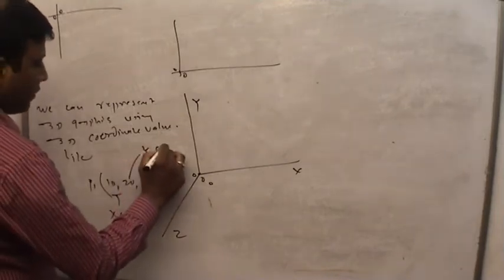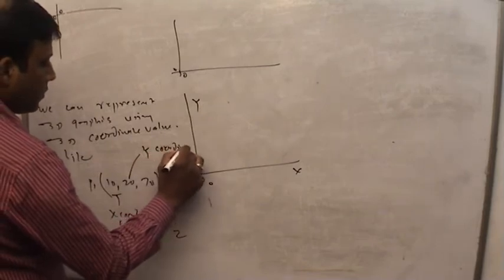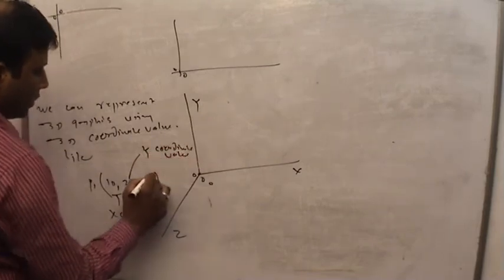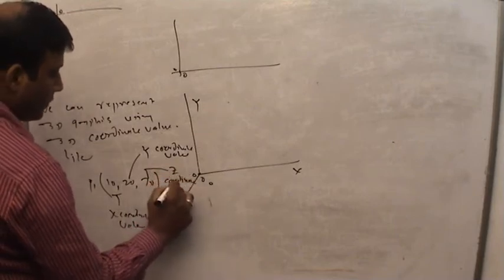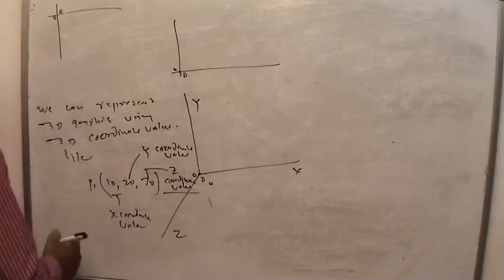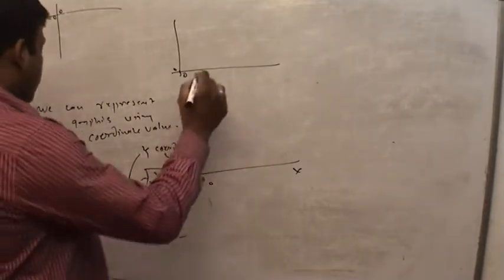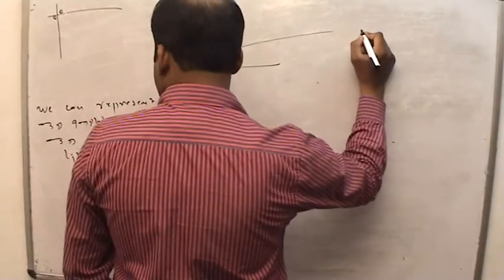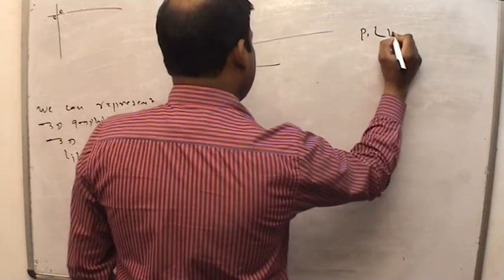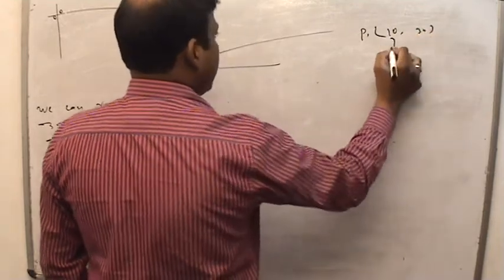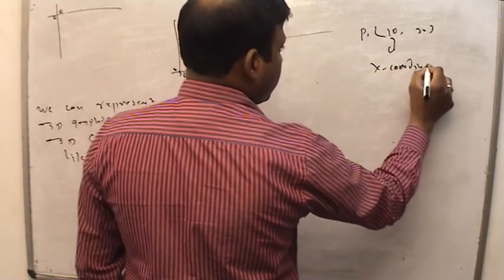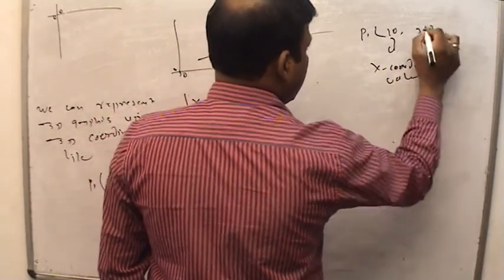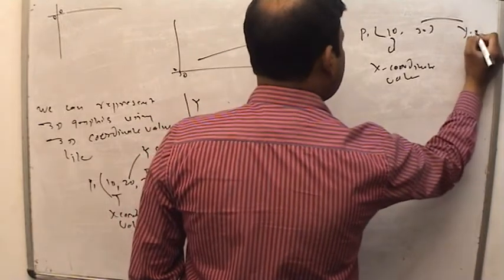This is y coordinate value. And this is z coordinate value. While in 2D graphics, we have to plot 2 points only, like point 1 is 10, 30, and this is called x coordinate value, and this is called y coordinate value.